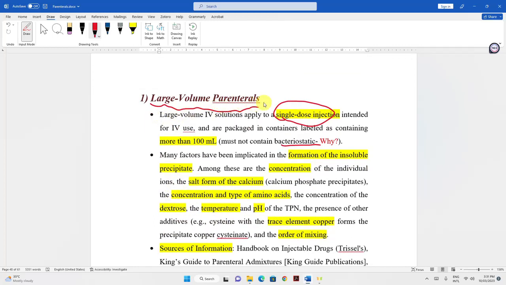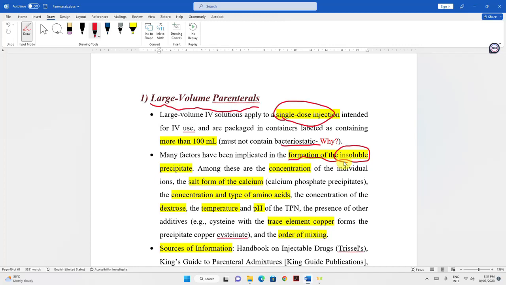In large volume parenterals that are administered again as single dose, it's very important to pay attention to the possibility of forming insoluble precipitate when you are mixing things together. I want you to imagine the infusion bag, the bag that will contain the liquid, and this liquid maybe normal saline containing other drugs, or maybe nutrition, okay?